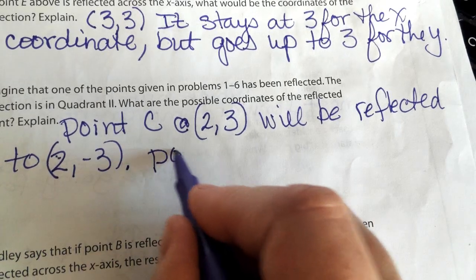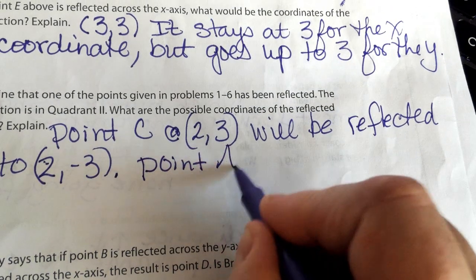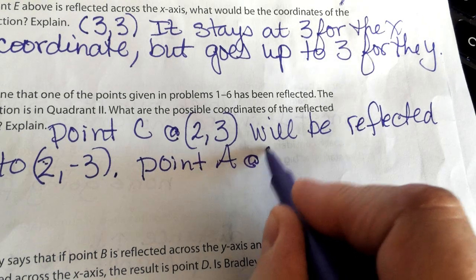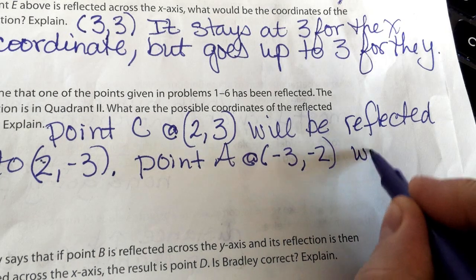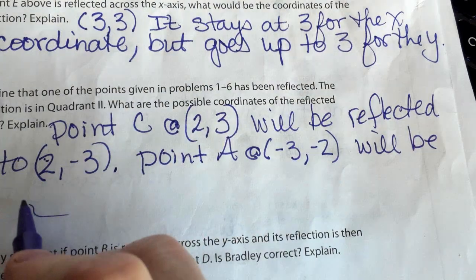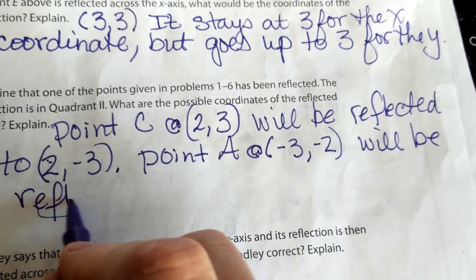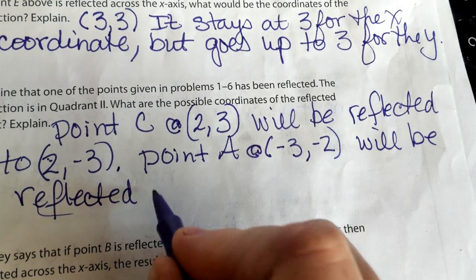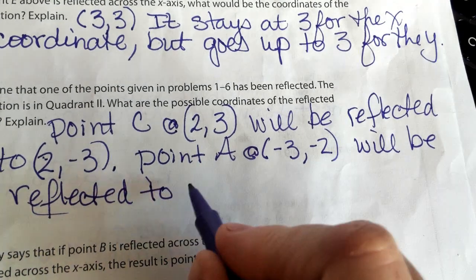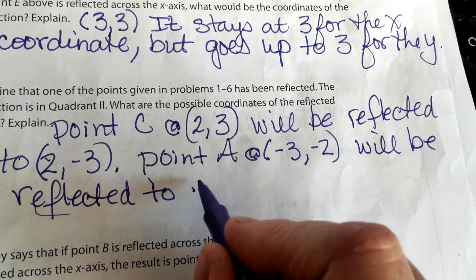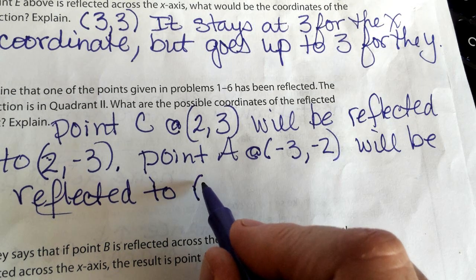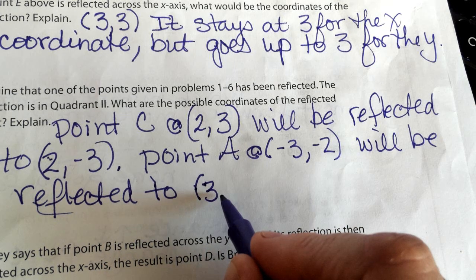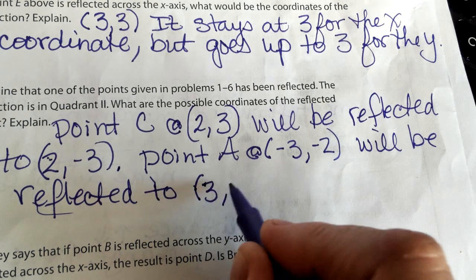Point A, which is at -3, -2, will be reflected to what we have, 3, -2.